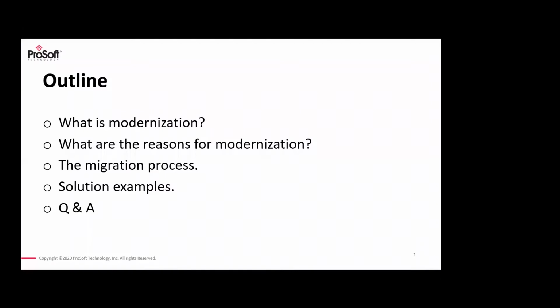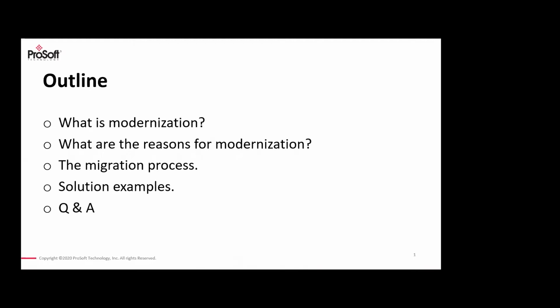Let's start with an outline of this presentation. I'll start off by defining modernization from my point of view. We will make out the reasons for modernization by examining some real-world scenarios.